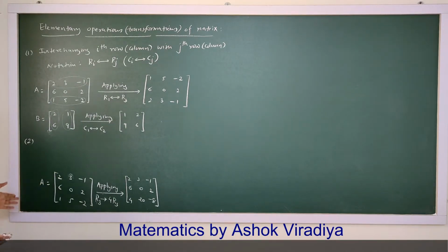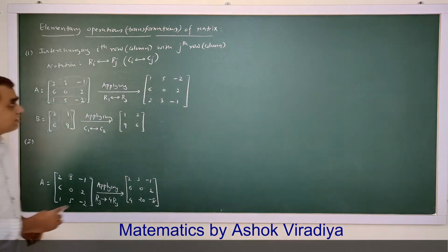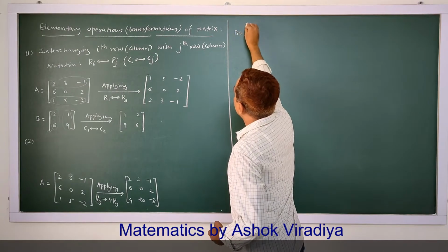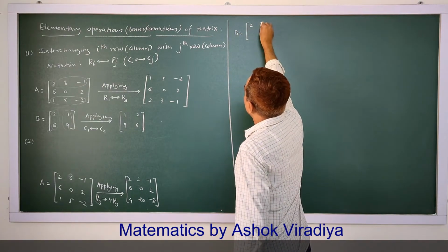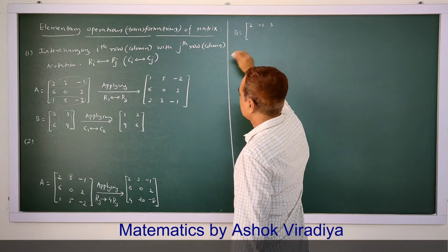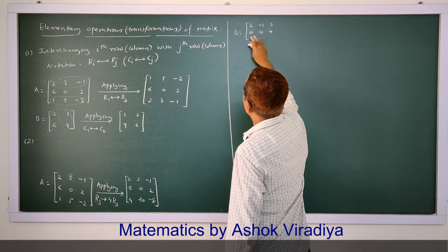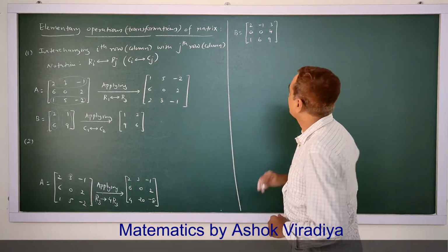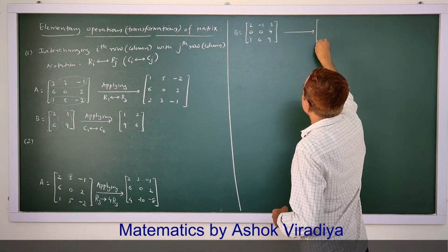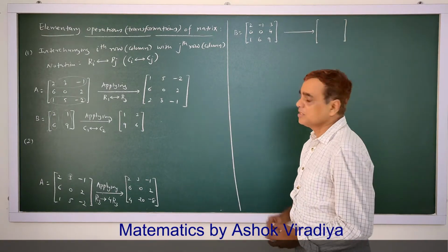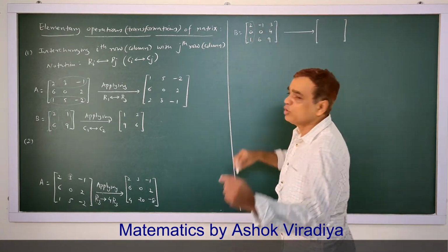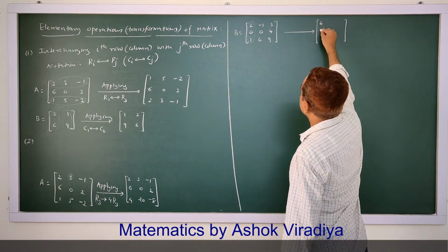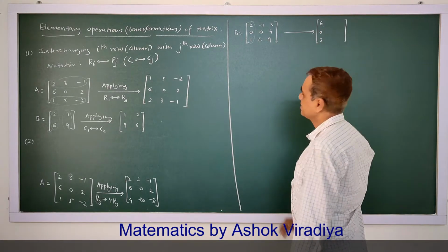A similar operation can be performed over columns also. Suppose E is equal to 2, minus 1, 3, 0, 0, 4, 1, 6, 9. Now here, I want to multiply the first column by 3. The first column multiplied by 3 gives 6, 0, 3.